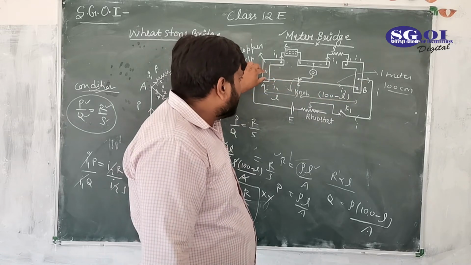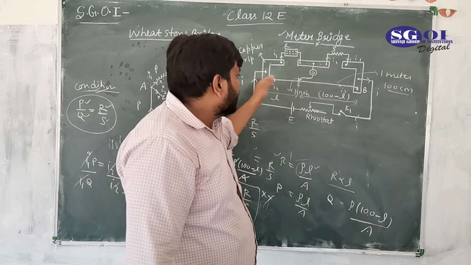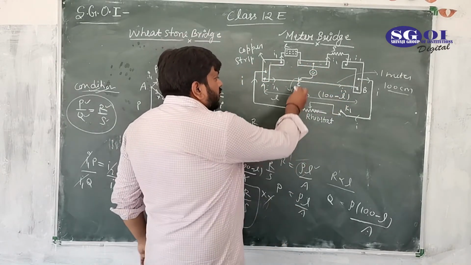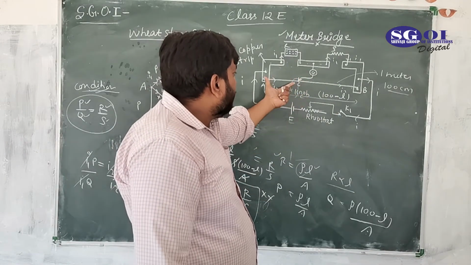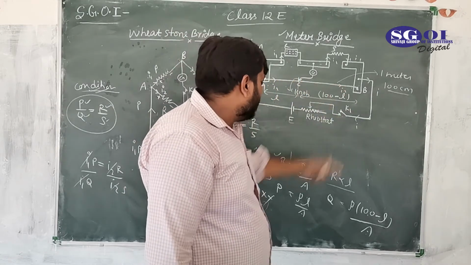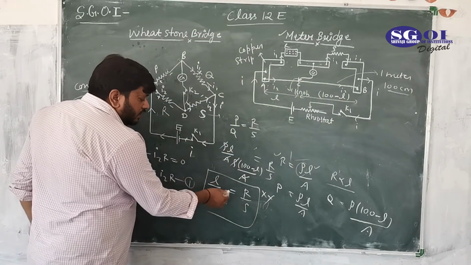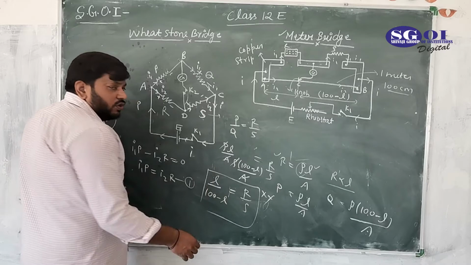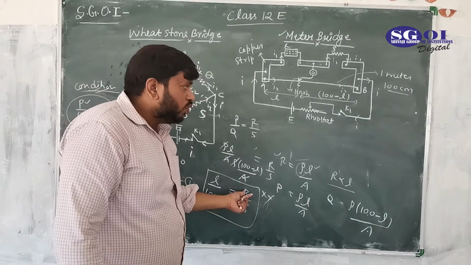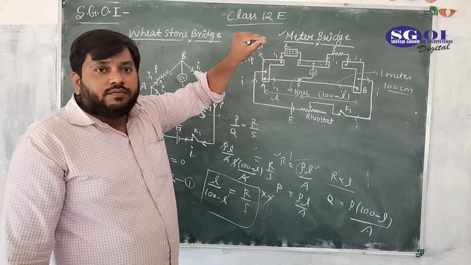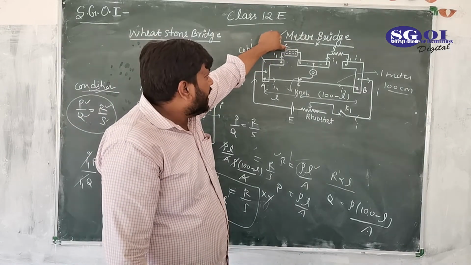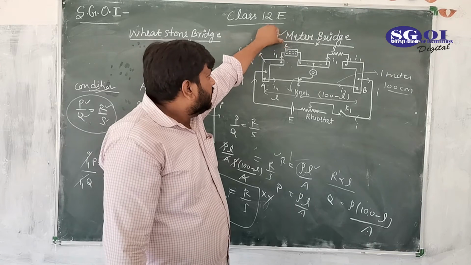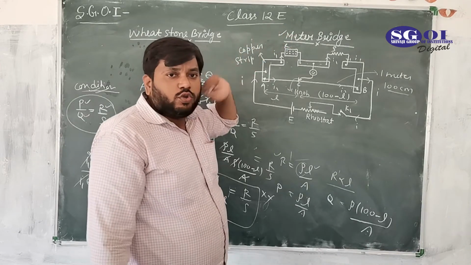We can see the reading of this particular point, and we can find the length of this part and this part. So we can find L. This is a known resistance because we are taking this particular knob and the particular resistance is named on that knob. So this value of resistance is known for us.